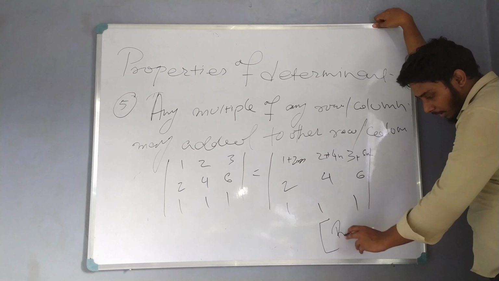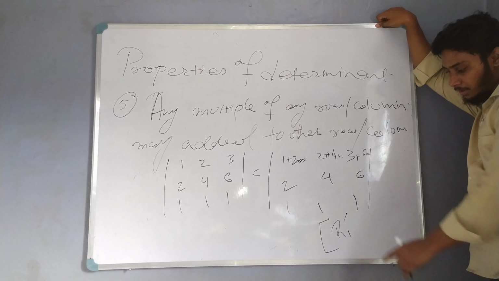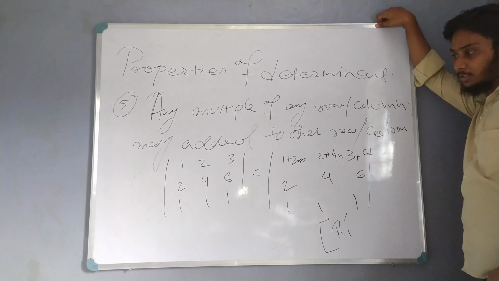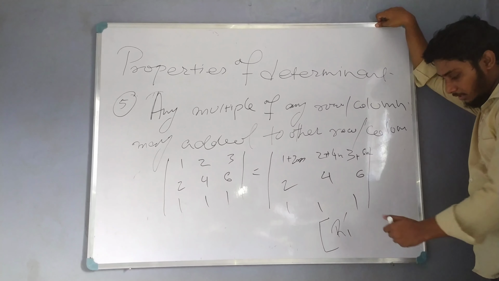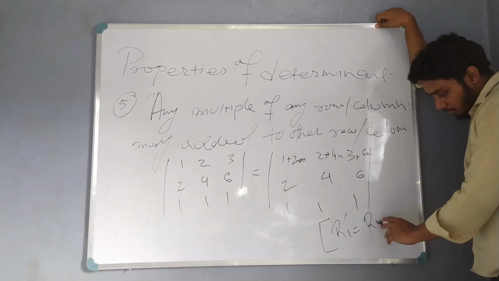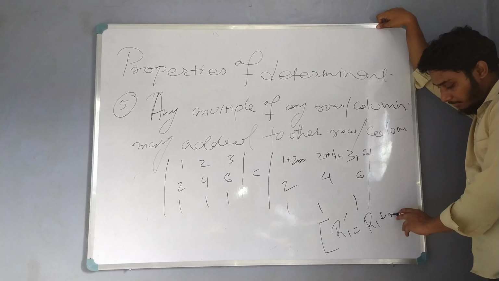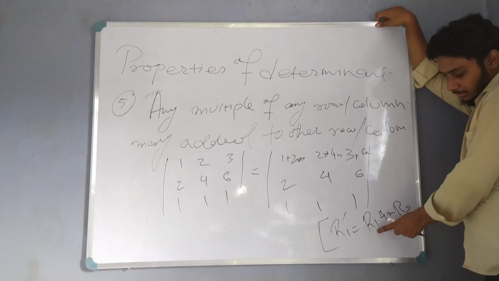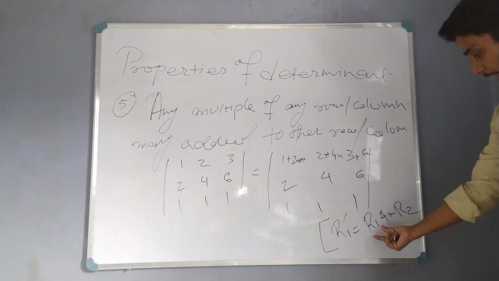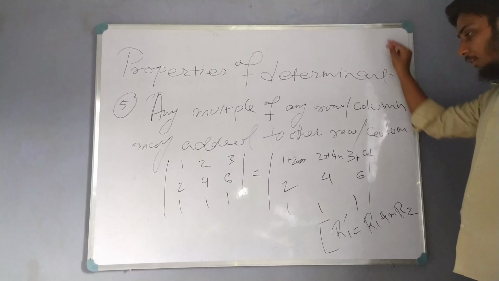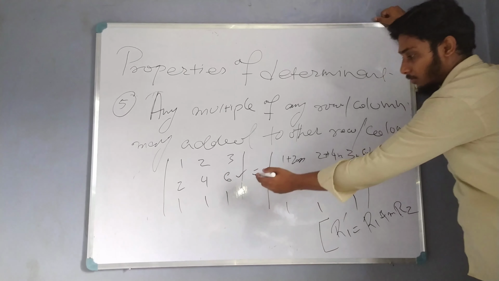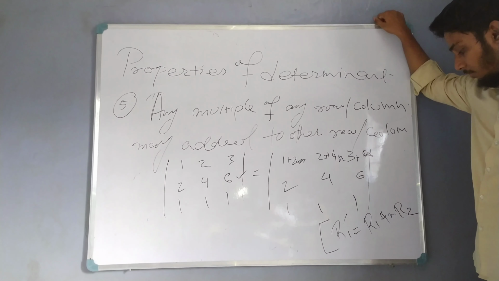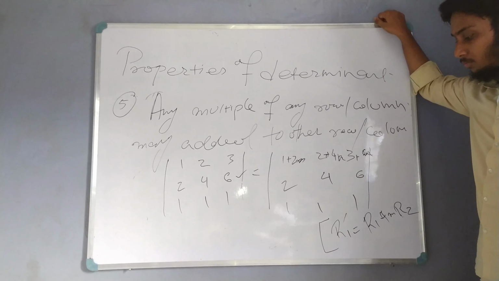So in this case, my first row is new, so R1 means first row, and this dash denotes that the first row is changed: R1' equals R1 plus mR2. So it is denoting the operation that we have done. We have added R1 with m multiple of R2. We have multiplied this row with m. See here, each and every term has m. So we have added R1 plus mR2.